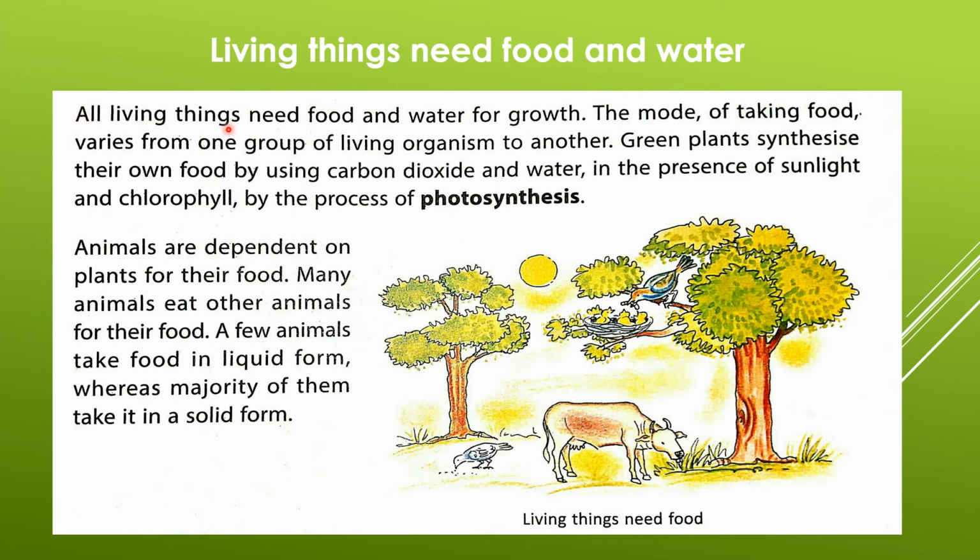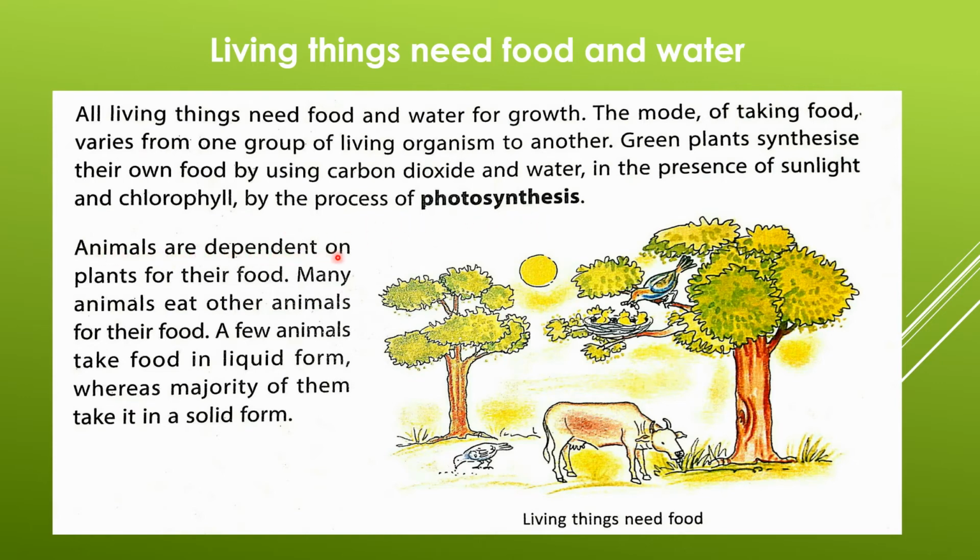All living things need food and water for growth. The mode of taking of food varies from one group of living organisms to another. Green plants synthesize their own food by using carbon dioxide and water in the presence of sunlight and chlorophyll by the process of photosynthesis.